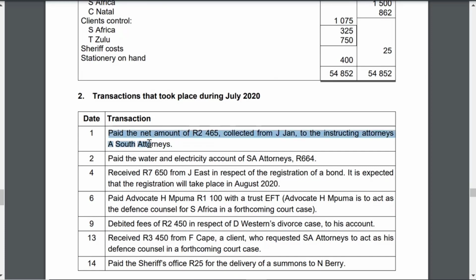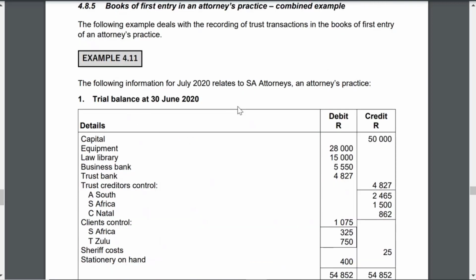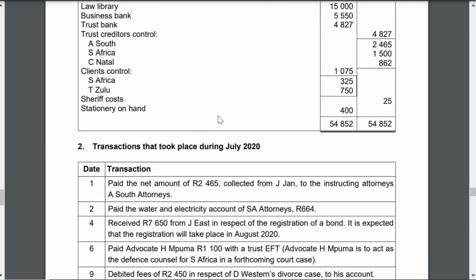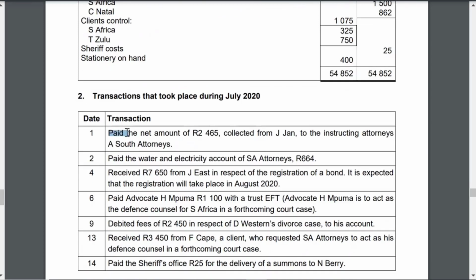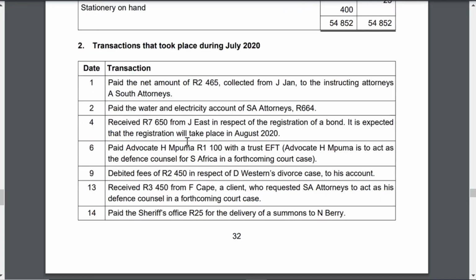But for now, this will be recorded in the trust cash payment journal, because SA attorneys paid the amount that was collected on behalf of the instructing attorney's client.